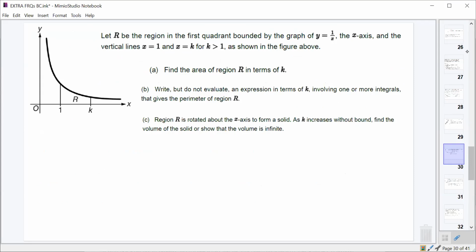Okay, let's do this one. It's an area of volume but it's also, yeah, this has also got an improper integral. So let's do this one. Cool. I'll give you guys a second to read through it, and then we'll work on it together.